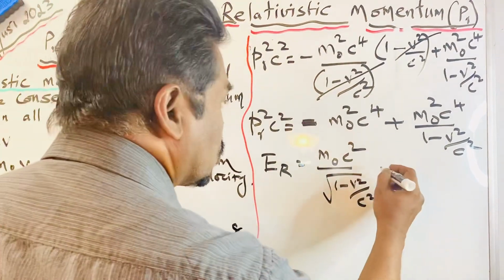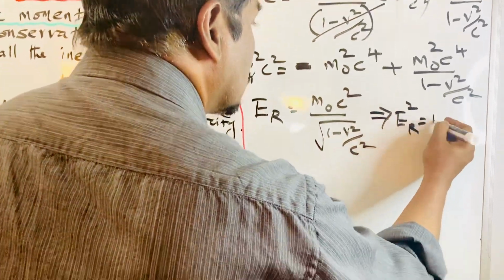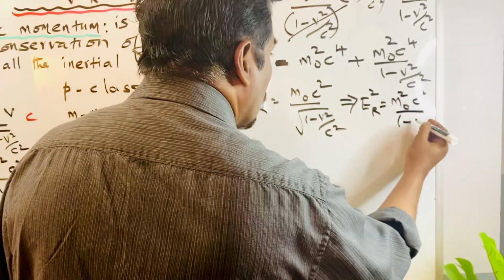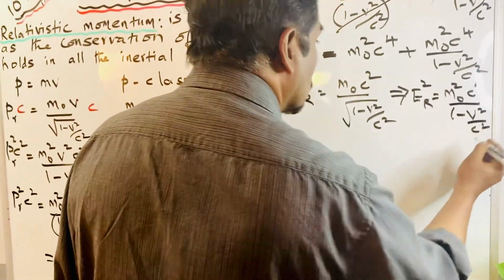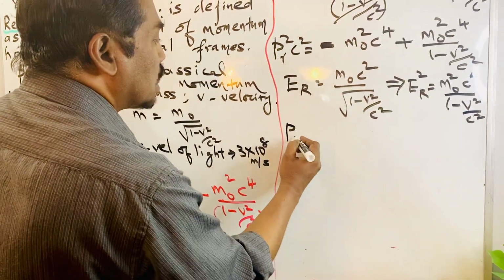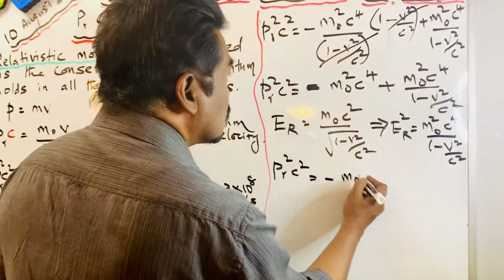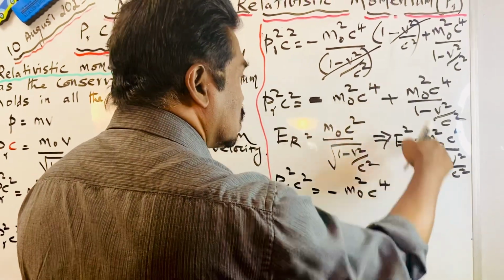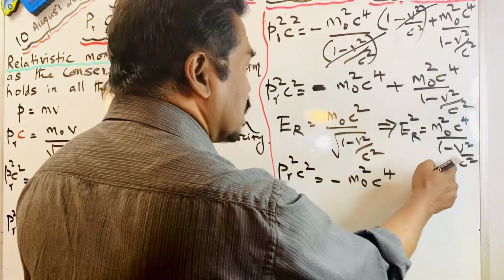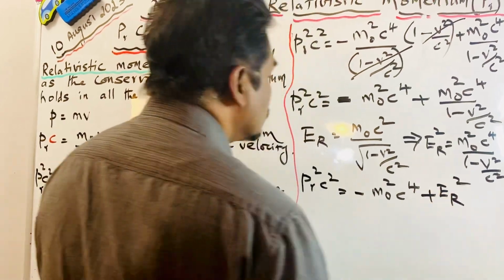So what is E_R square? E_R square will be equal to m0 square c power 4 over 1 minus v square over c square. So this is nothing other than this term. So you can write P_r square c square will be equal to negative m0 square c power 4 plus E_R square.